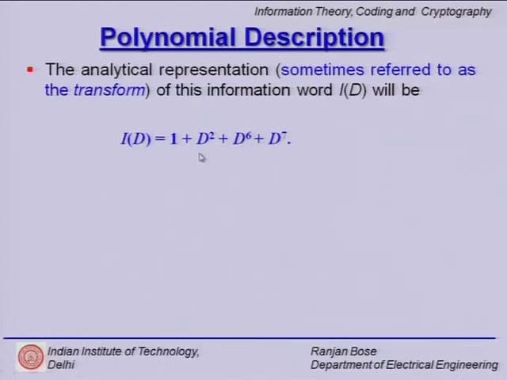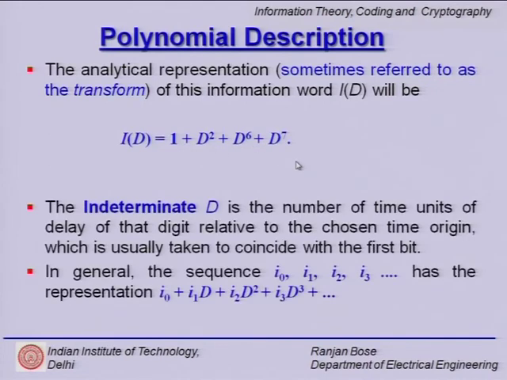The coefficients of D cubed, D raised to the power 4 etc. are all 0; they correspond to the zeros in the bit stream. D is the indeterminate and is the delay unit. Consequently, any sequence I0, I1, I2, I3 can be represented as I0 plus I1 D plus I2 D squared, and so on. So, it tells you the location in terms of time frame of my bits.